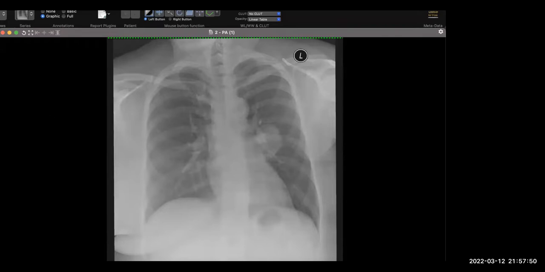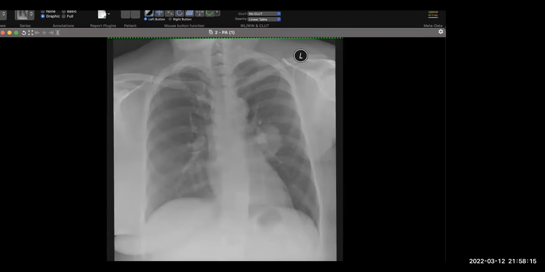I'm just trying to discern if this is overlying the hilum or can I see the hilum through it? I can see a few vessels traversing through this lesion, but all the vessels appear to converge into this. So this is likely a mass which is projected over the hilum.